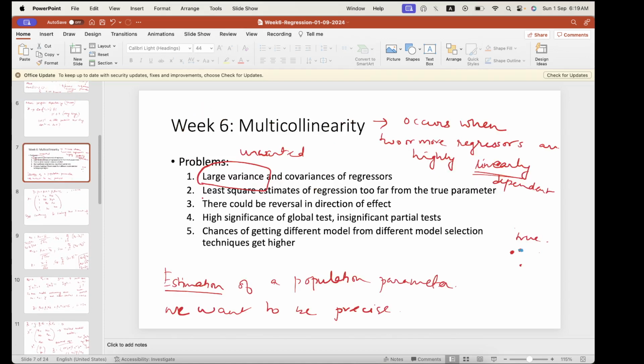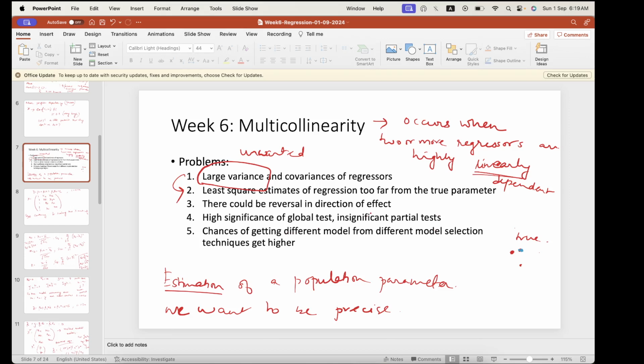If the variance is large, then as a consequence the least square estimates of regression coefficients can be too far from the true parameter. And there could be a reversal in the direction of effect as well.